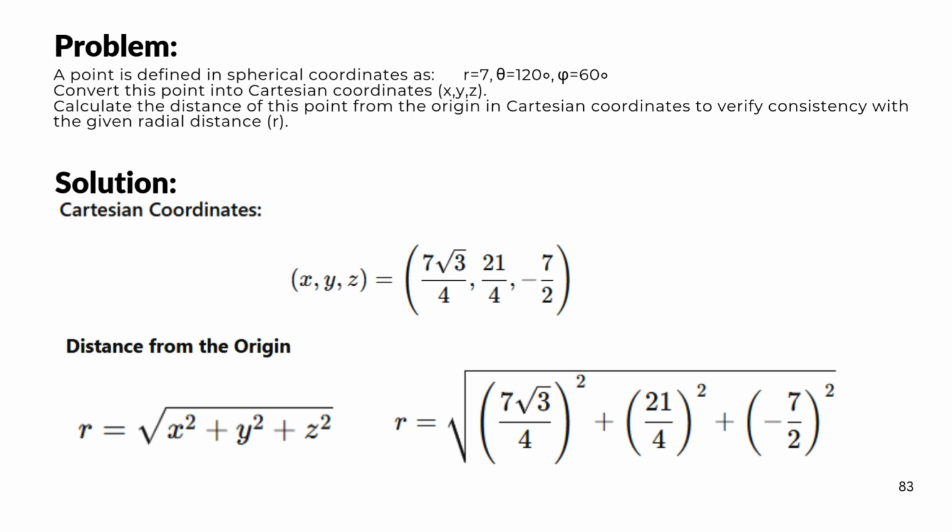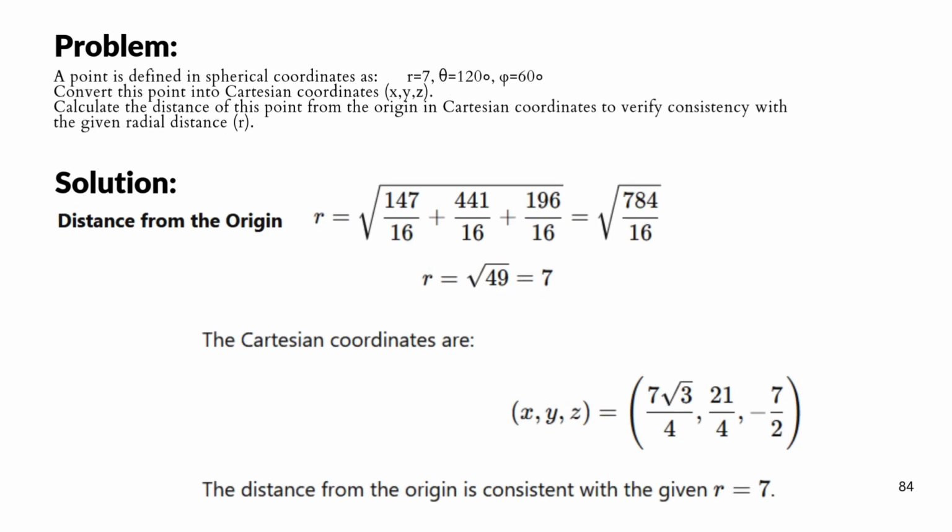Now let's move on to the next part of the question, which is finding out the distance from the origin. We know the formula in the Cartesian coordinate system, which is r is equal to the square root of x squared plus y squared plus z squared. As we already have the Cartesian coordinates, we can directly put the values in the formula and find the distance.